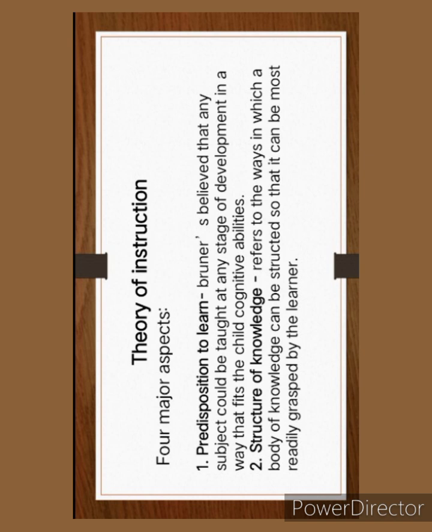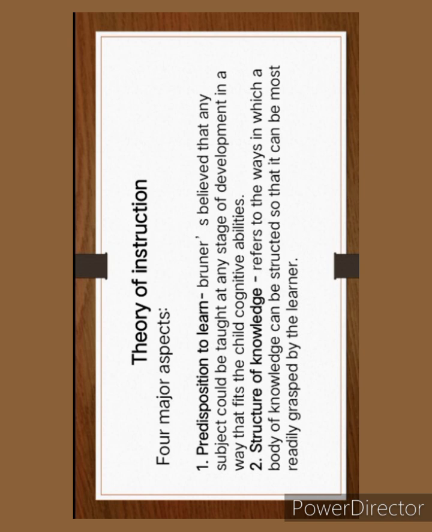Bruner believed that any subject could be taught at any stage of development in a way that fits the child's cognitive ability. For example, for students who are fast learners, you can teach them in a way that fits their levels of learning. That is possible.